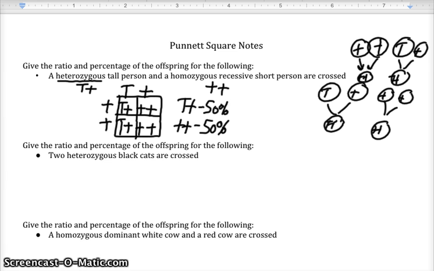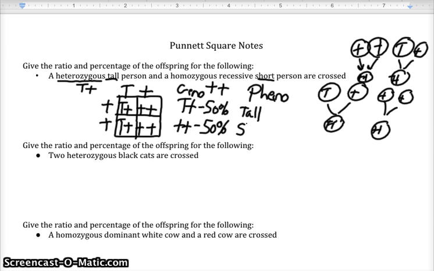Now the phenotype percentages, sometimes this gets a little bit confusing. So remember, this is the genotype because it's the genes. So the phenotype is the appearance. So if you look up here, we have tall and short.